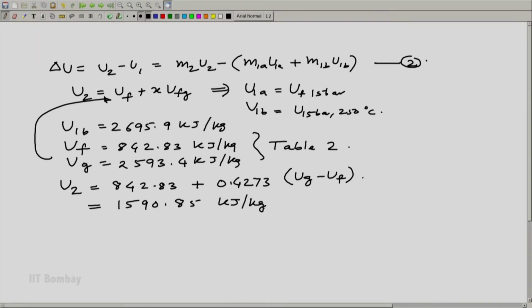Alright, having got these values, now I can get delta U using this equation. I can put these respective values over here and I apply the same way as I did earlier. I can now compute delta U is equal to 33.96 kilojoules.